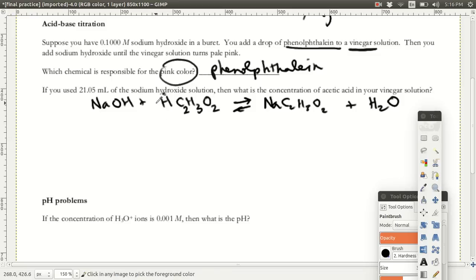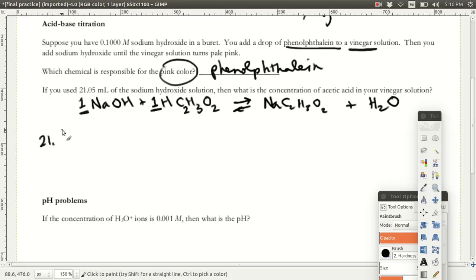Oh, sorry. It's already balanced. Okay. So because this is the balanced chemical equation, and there's no number here, and there's no number here, that means there's really just a number 1 there, doesn't it? So that means for every 1 mole of sodium hydroxide you use, you're going to react with 1 mole of acetic acid. This is acetic acid, this is sodium hydroxide. So keep that in your mind, okay?